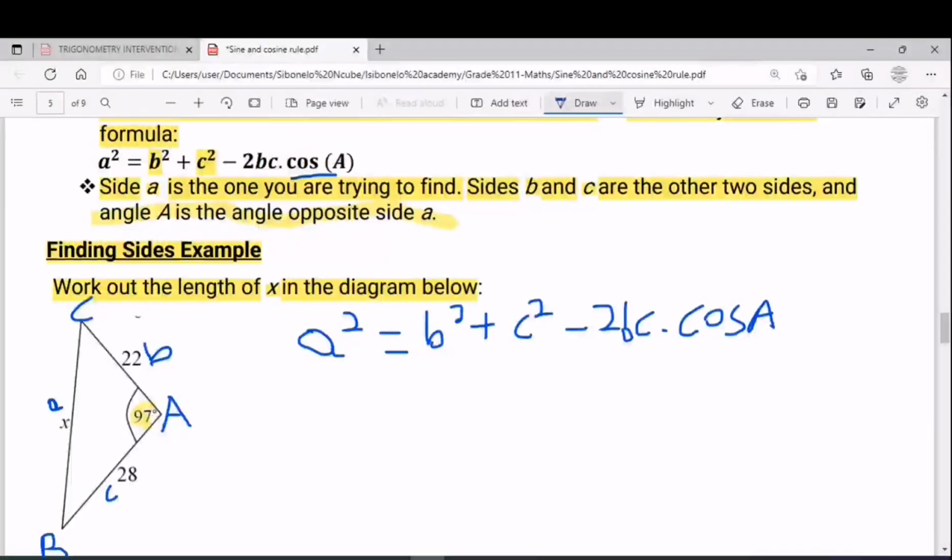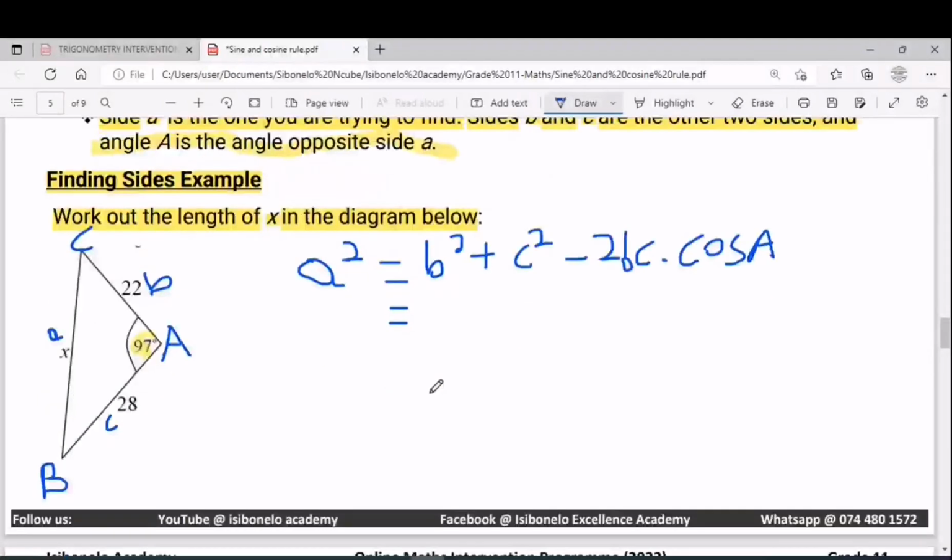So ma substitute la asimazi A squared isifuna yena. So B wethu is 22. So sizoba no 22 squared plus C 28. So 28 squared.